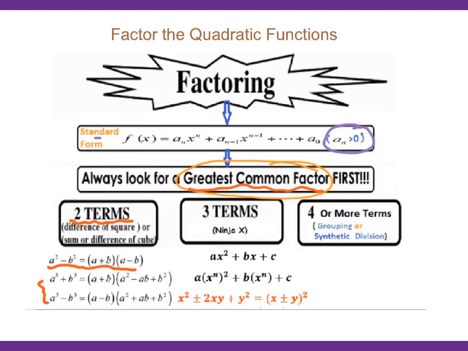If it's 3 terms, go to quadratic factoring, that's Ninja X. If you have 4 or more terms, you do grouping or synthetic division to factor the polynomial.